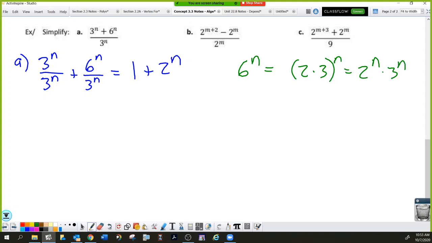And if I had written my 6 to the n as 2 to the n times 3 to the n on the top of my fraction bar, then I could have factored that 3 to the n out as a GCF and then canceled it. I don't know what you think is easier.